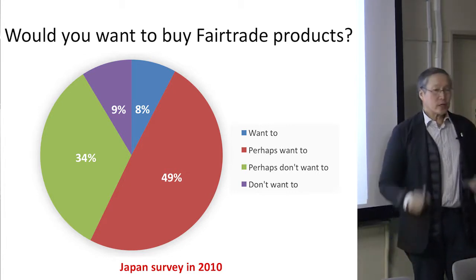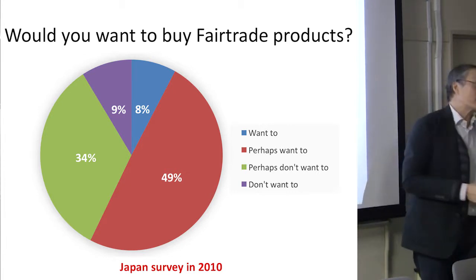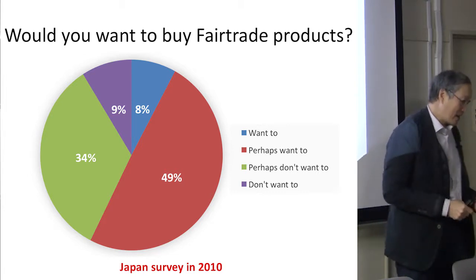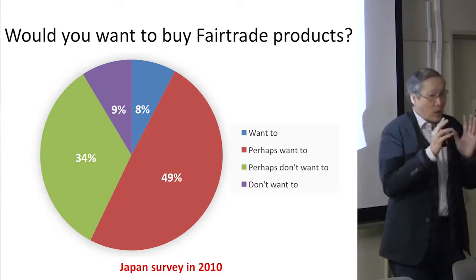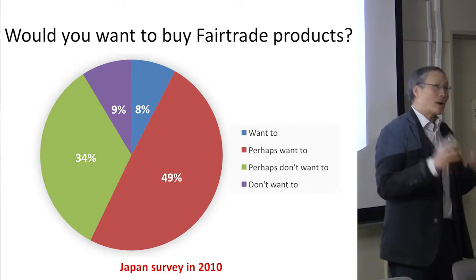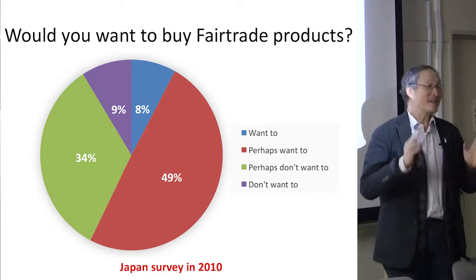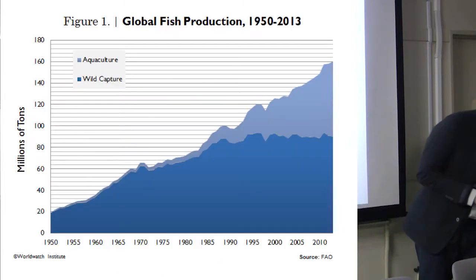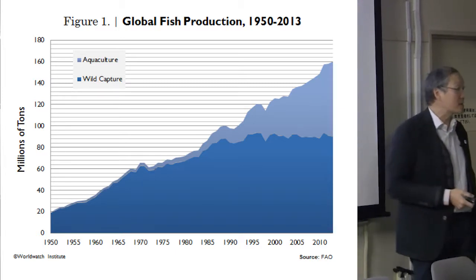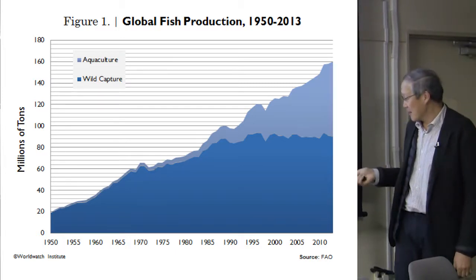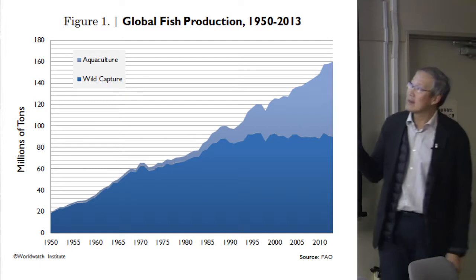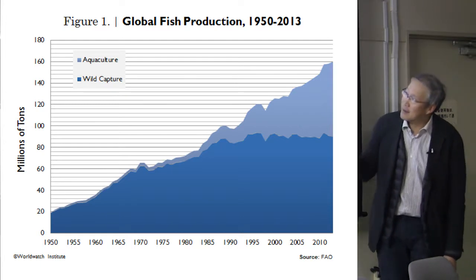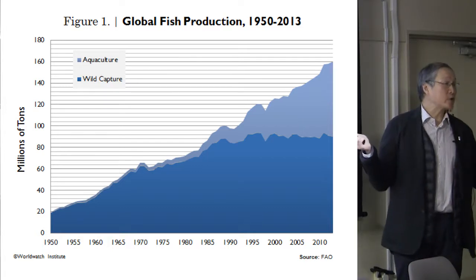Okay, so we talk about agriculture, we talk about some of the applications of sustainable agriculture. I want to introduce very quickly what is going on in the sea, in the aquatic environment. I've shown this very famous diagram from FAO, okay? The dark blue here represents wild capture.